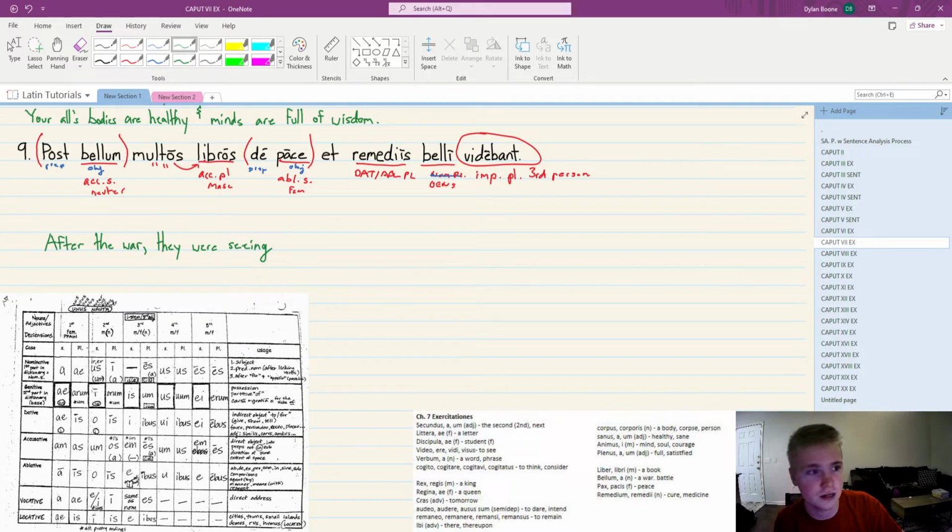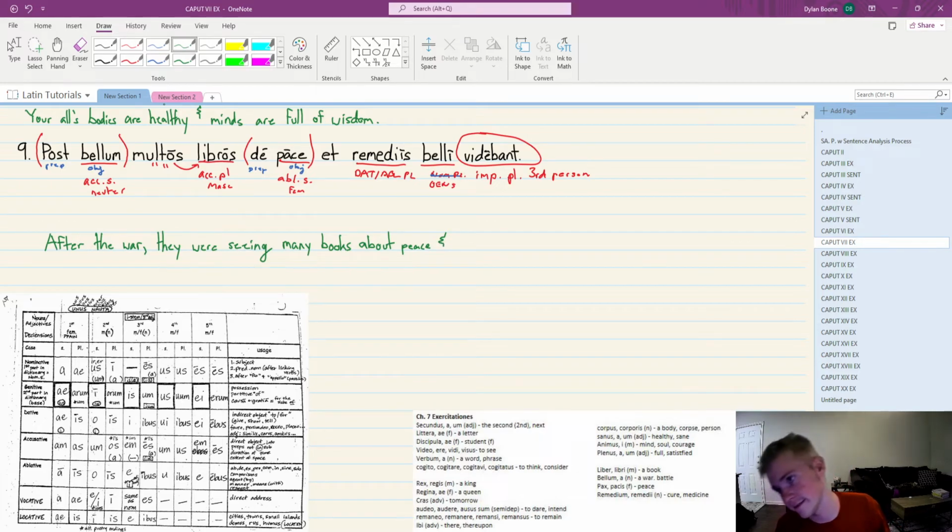Multos libros. Libros meaning book, or books, many books. And now we just fill in. Many books de pace, about peace. De meaning about. Et, and.